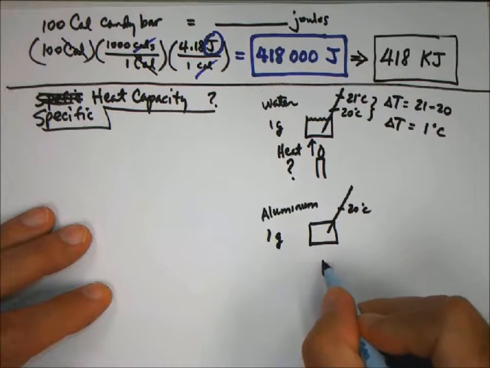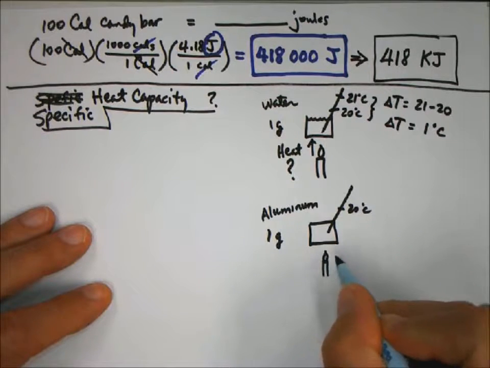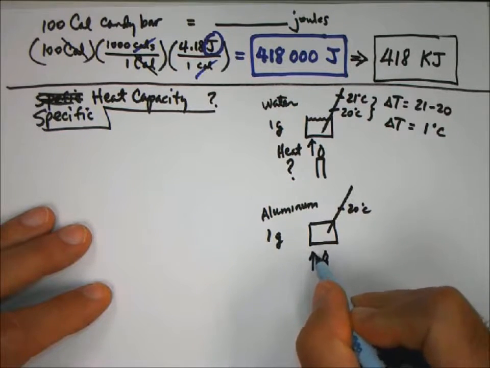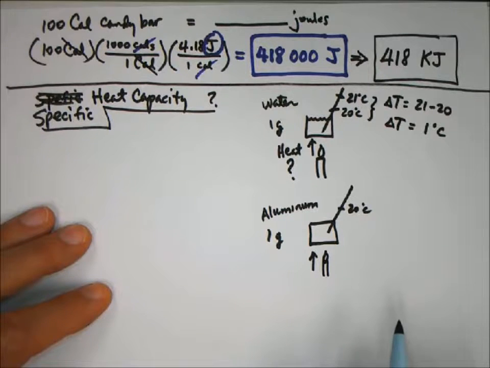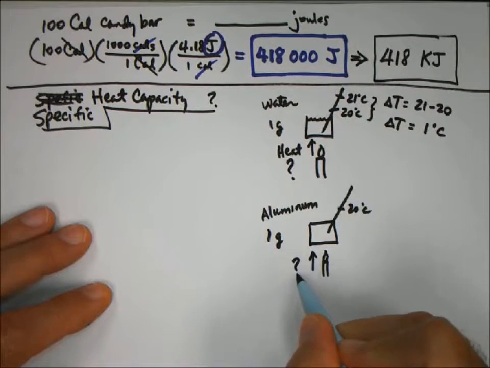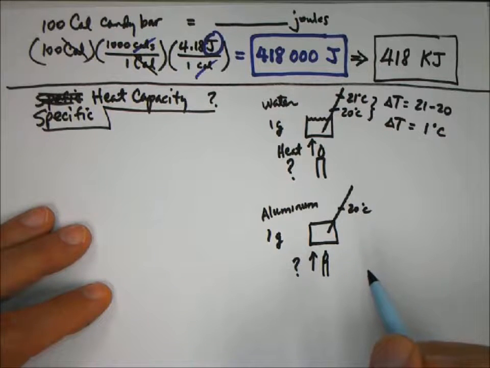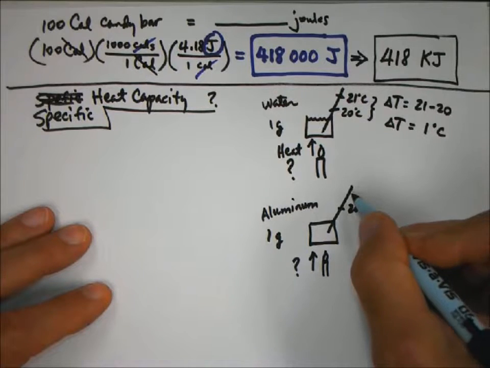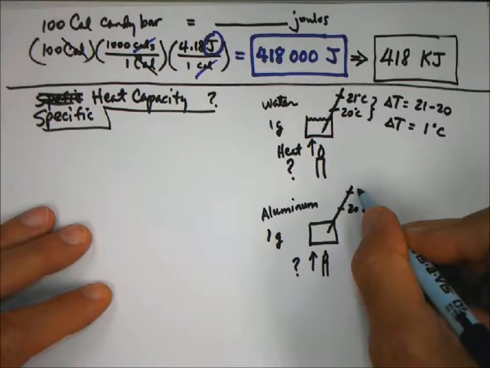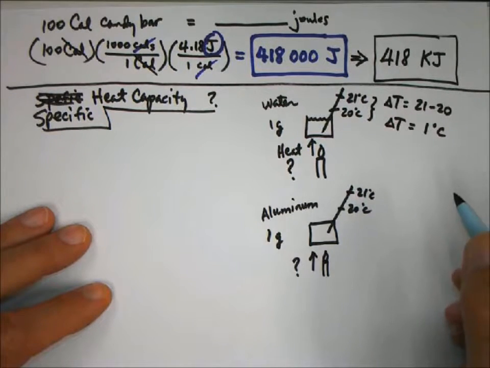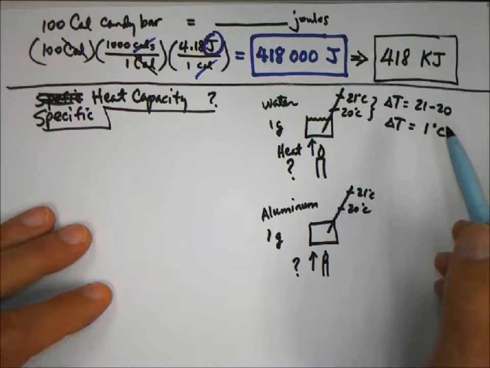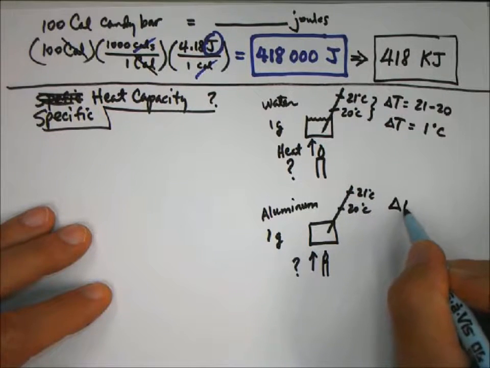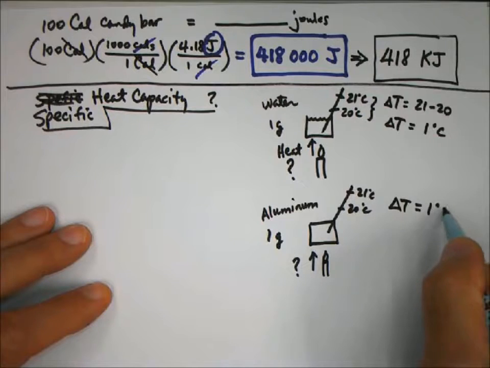Let's put a birthday candle under there, and we're going to add heat. Okay? How much heat do you think is needed to raise that 1 gram sample of aluminum from 20 degrees to 21 degrees Celsius? So that we have a temperature change of 1 degree Celsius.